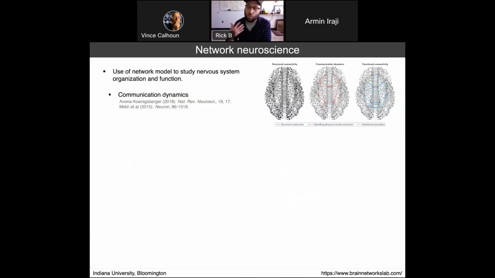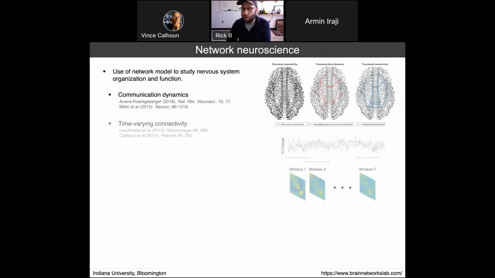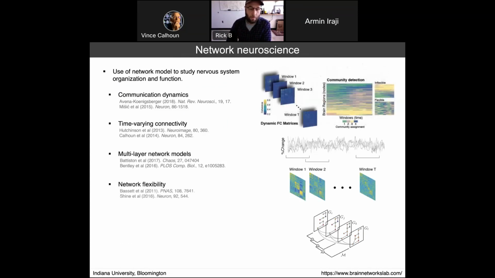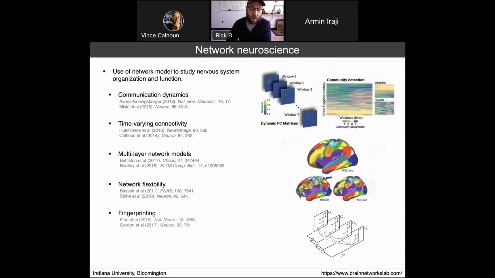Network neuroscience has its own subdomains, including studies that try to understand precisely what policies the brain uses to communicate, how functional networks and other networks change over short periods of time. We pulled tools from physics and network science proper to build so-called multi-layer network models. There's interest in how the brain's community structure, so dense subgraphs, change over short periods of time.